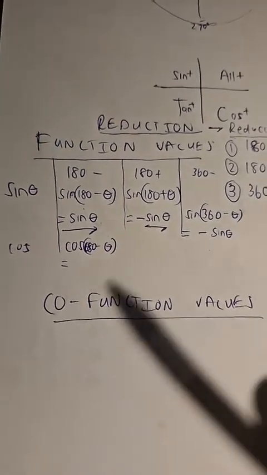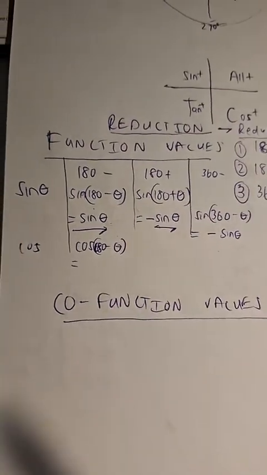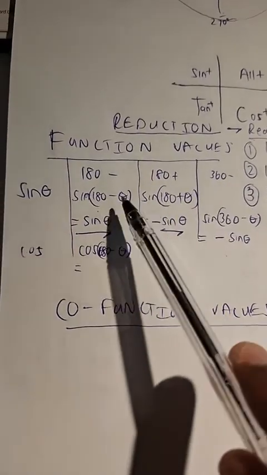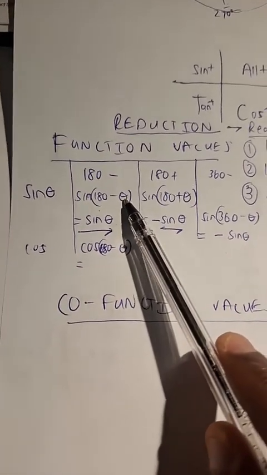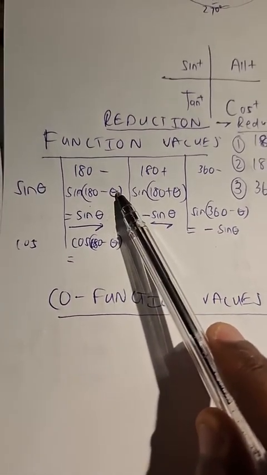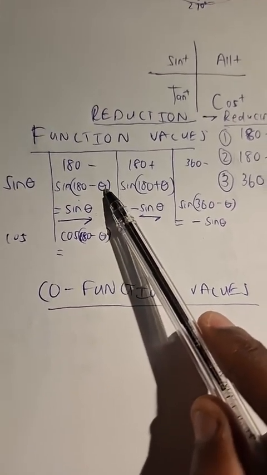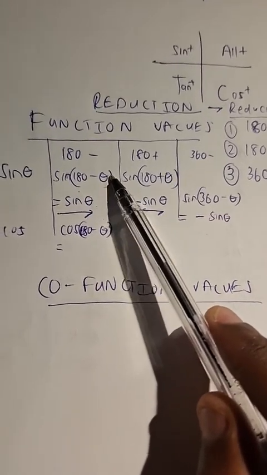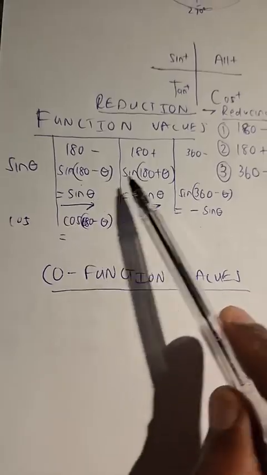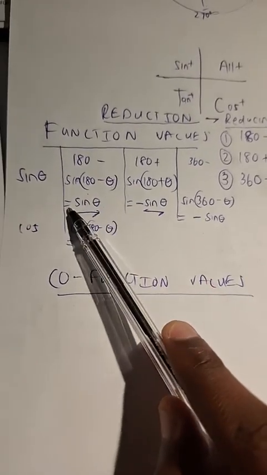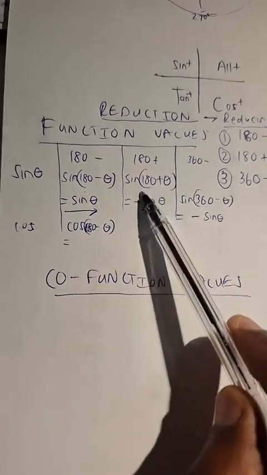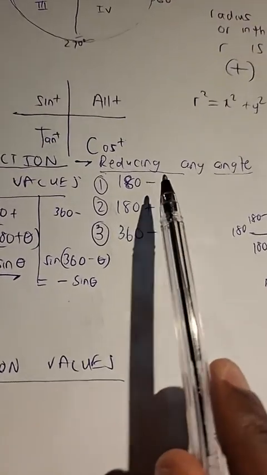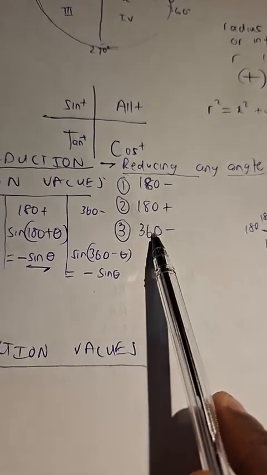So without even using the quadrants, you can determine the sign of each trig ratio in each quadrant by substituting in the place of the angle theta just 1. You can substitute 2 if you want, 3, 4, just as long as this angle is an acute one. And then you can determine the sign. 180 minus is positive, whereas 180 plus is a negative sine theta. That's for function values. We have 3 function values, 180 minus, 180 plus, and 360 minus.